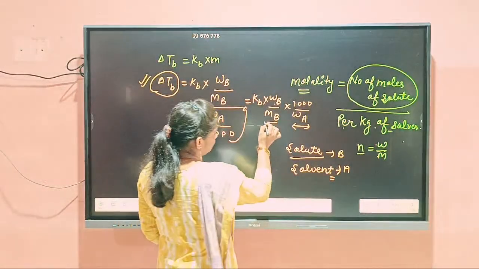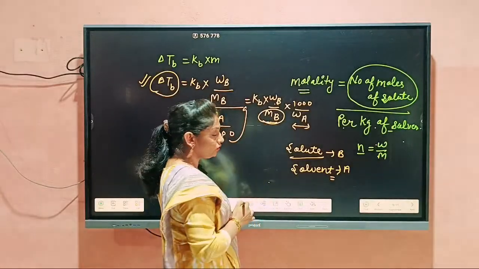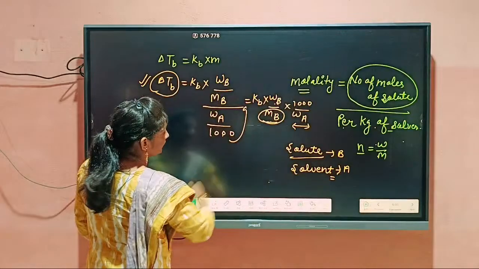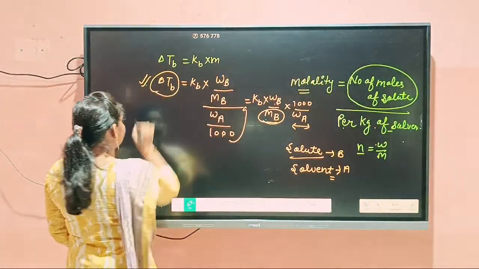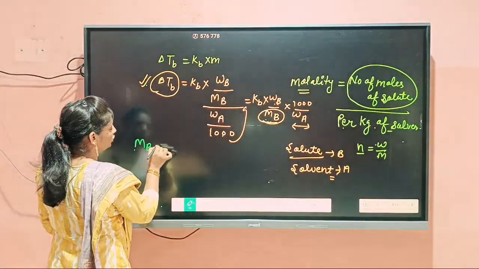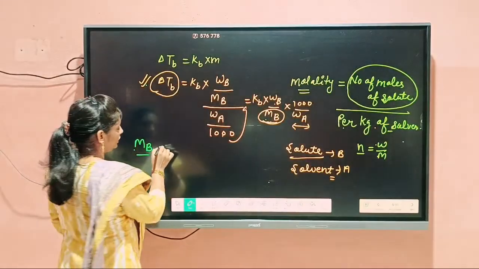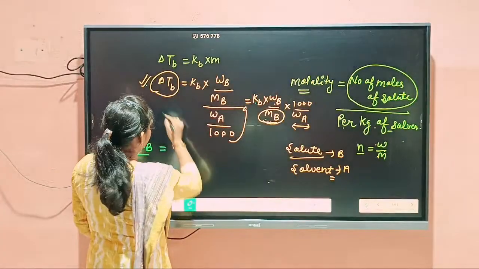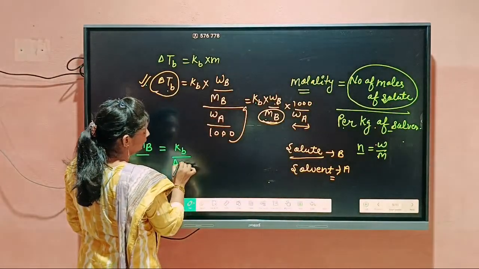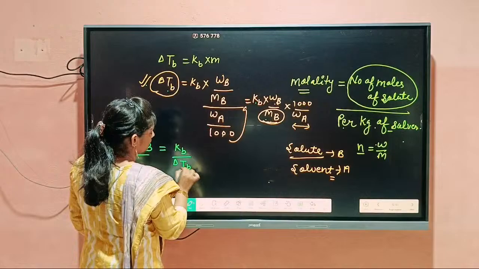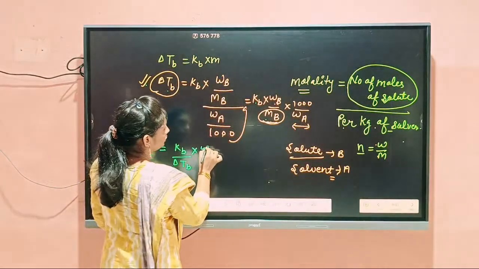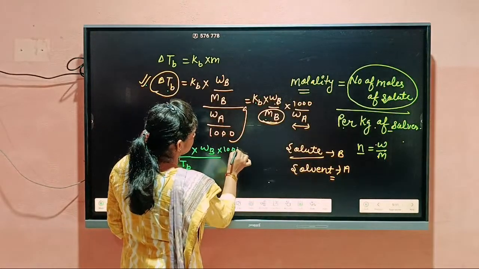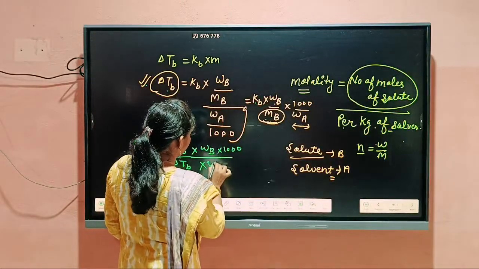From here we can calculate the value of the mass of the solute also. How can we? Take Mb this side. So the molecular mass of the solute is equal to Kb, take delta Tb to the opposite side, into Wb into 1000 by Wa.